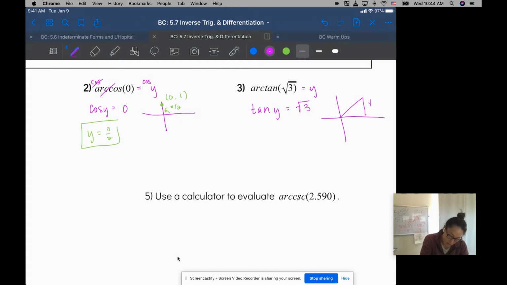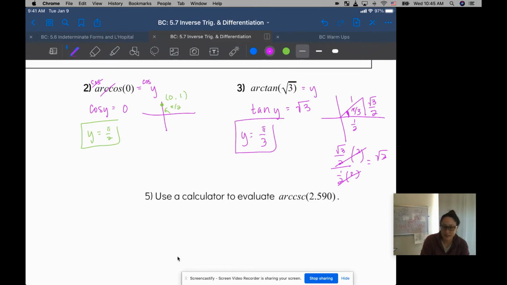So we have root 3 over 2, 1/2, and 1. So when I divide root 3 over 2 over 1/2, we're just multiplying by 2, cancels to give me root 3. So this angle right here, y would be pi over 3. So y is equal to pi over 3.